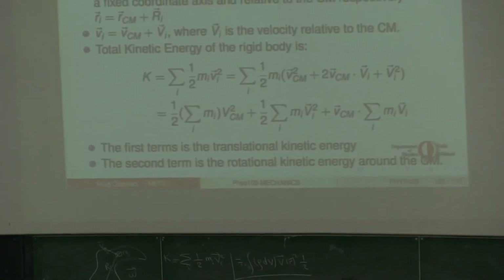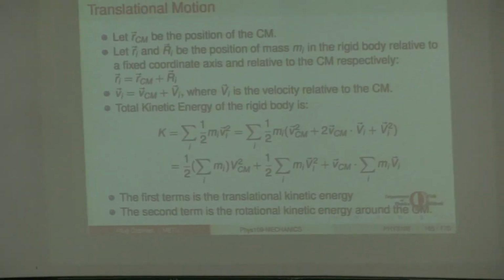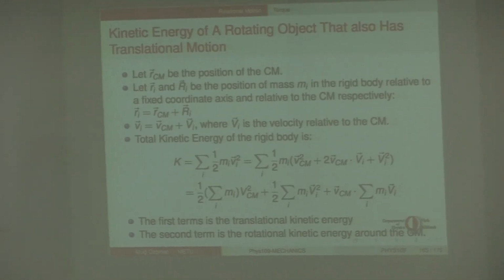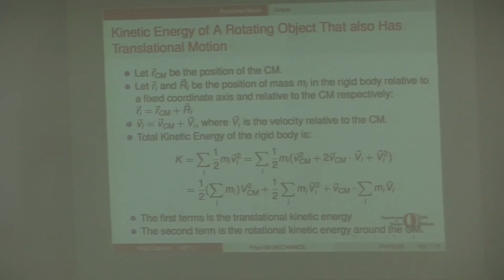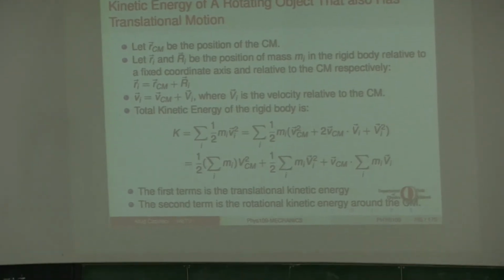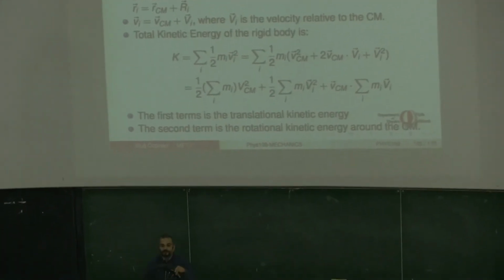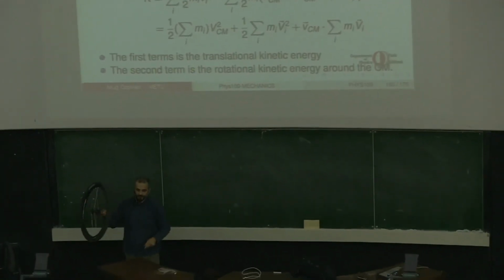Up to now, we have been studying only systems with a fixed rotation axis. Now we will add one more ingredient to it. If you are riding a bike, for example, take this wheel, you don't hold the axis and rotate it like that.